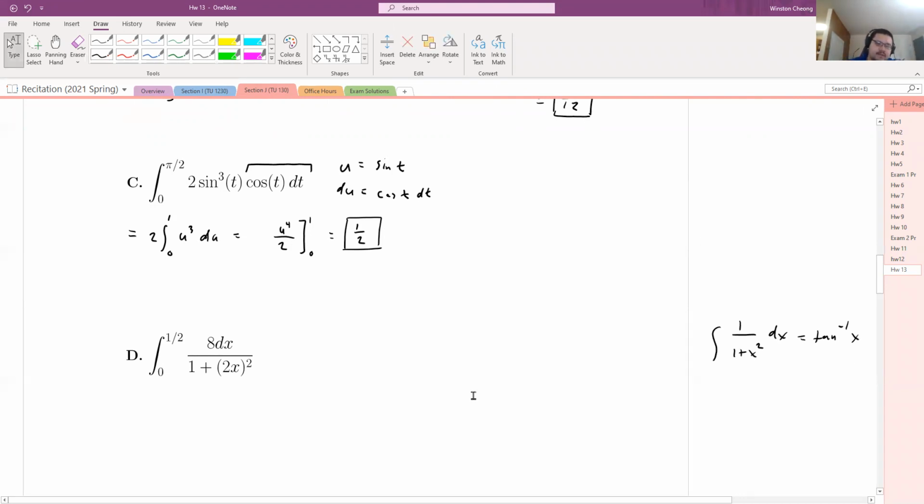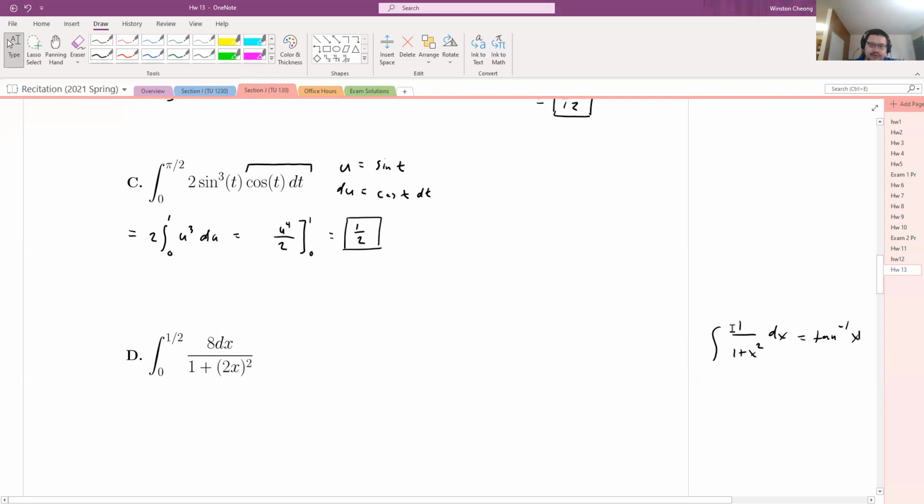That's primarily because of the shape of this function. You have 1 plus some variable squared, and then the numerator doesn't involve any variables. It's just a constant that we can pull out. So that's why it makes me think of arctangent right away.